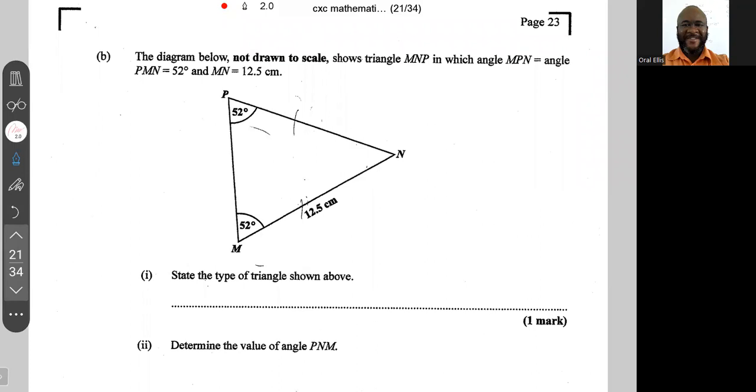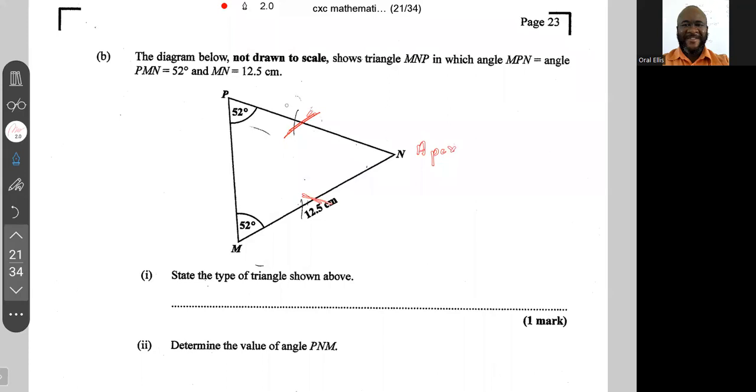We're told that the side MN is 12.5 centimeters. Whenever you have a triangle and two of the angles are equal like that, it's an isosceles triangle. If two of the angles were 60, then it would have been an equilateral triangle. But as it stands, this is an isosceles triangle, and N is the apex.